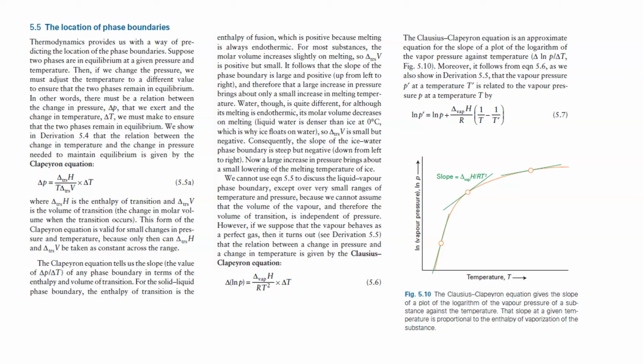We show in derivation 5.4 in the text that the relation between the change in temperature and the change in pressure needed to maintain equilibrium is given by the Clapeyron equation, shown as equation 5.5a.